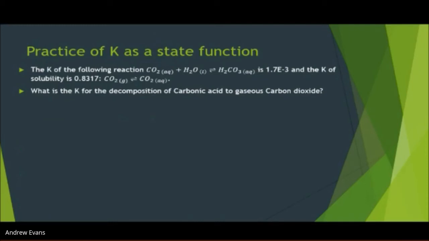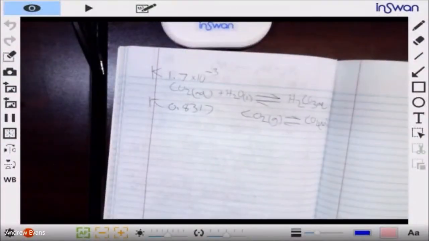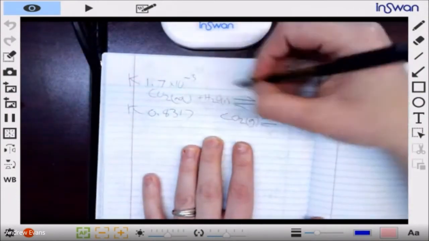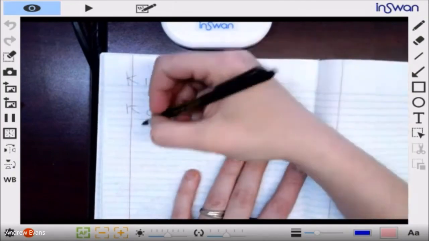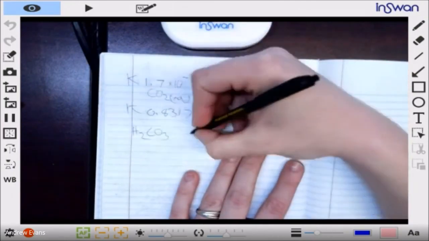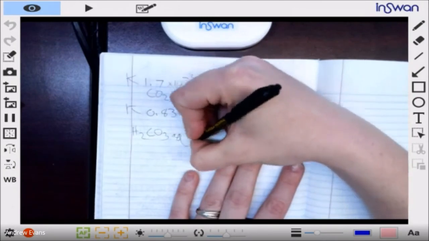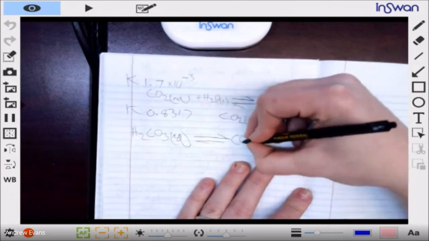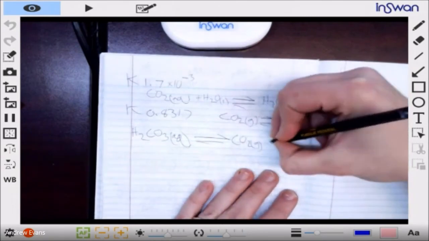So we're looking for the following reaction. This is one reaction, there's our second reaction, and we're looking for this reaction. What is the K for carbonic acid, aqueous, breaking down into CO2 gas and water?